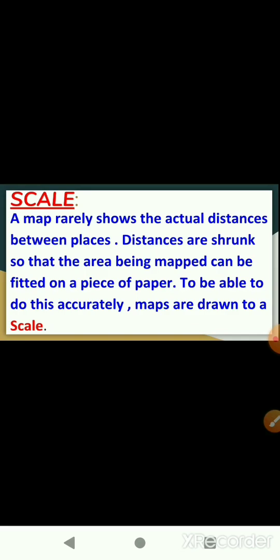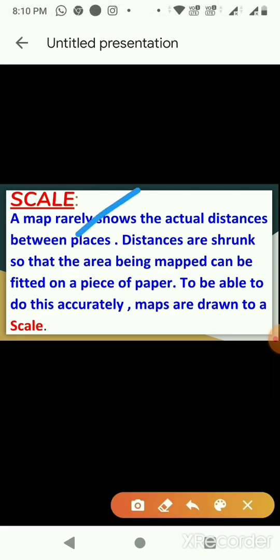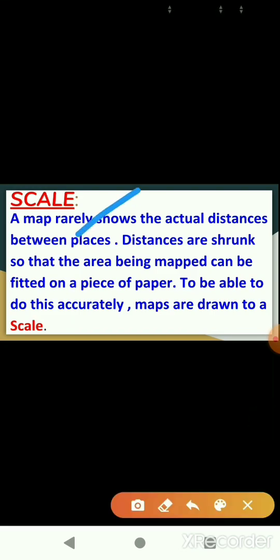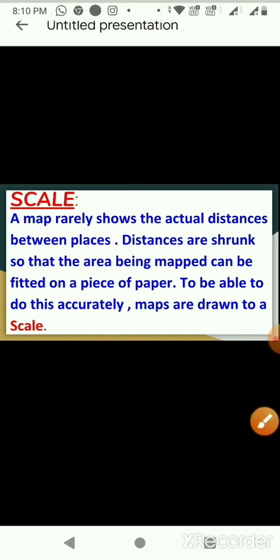A map rarely shows the actual distances between the places. Distances are shrunk so that the area being mapped can be fitted on a piece of paper. To be able to do this accurately, maps are drawn to a scale.